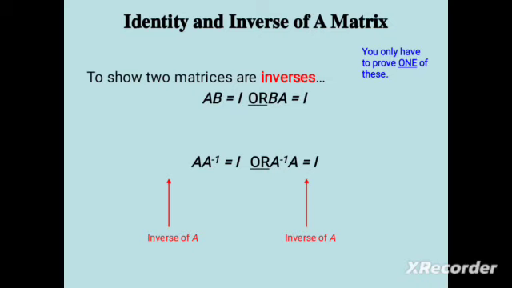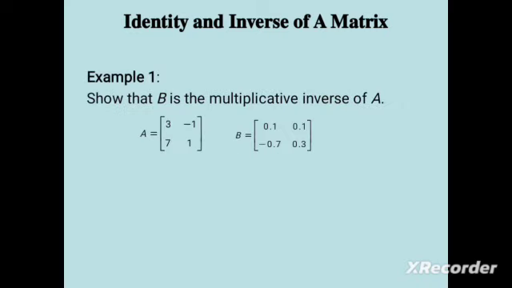What I'm saying can be made easy: A times A inverse is equal to the identity, or A inverse times A is equal to the identity, whereby A inverse is the inverse of A.